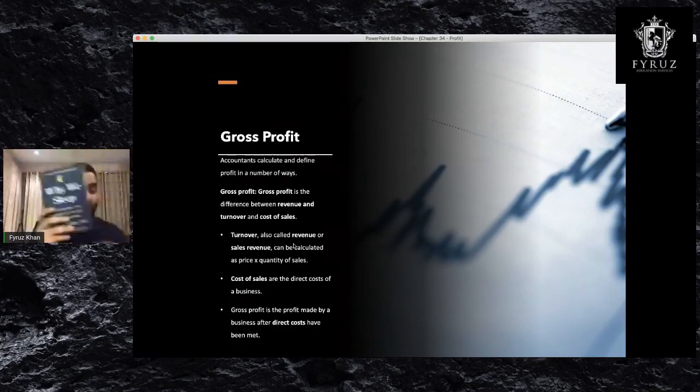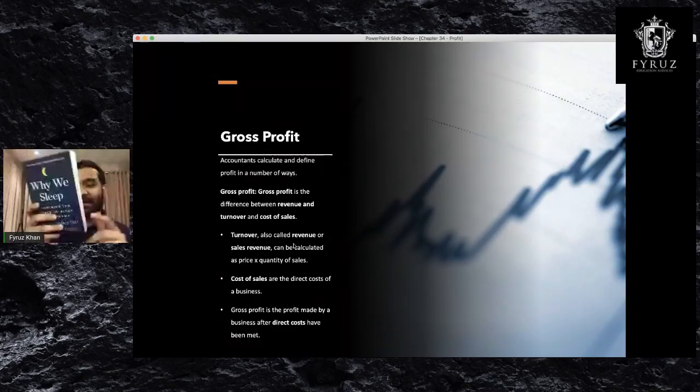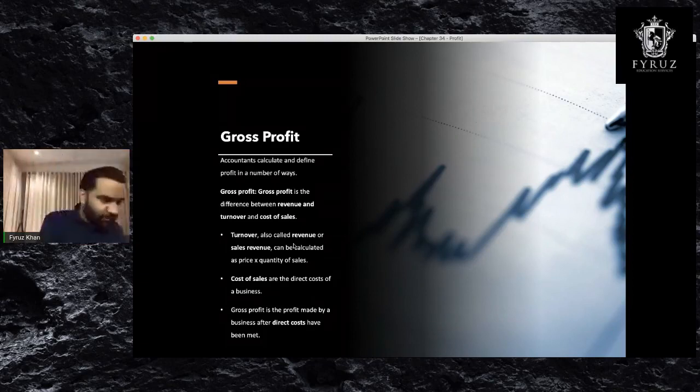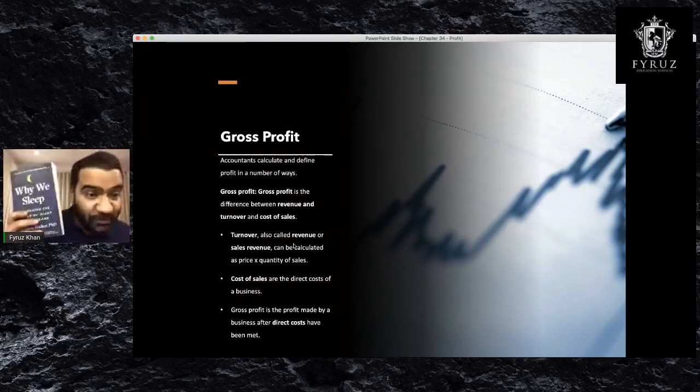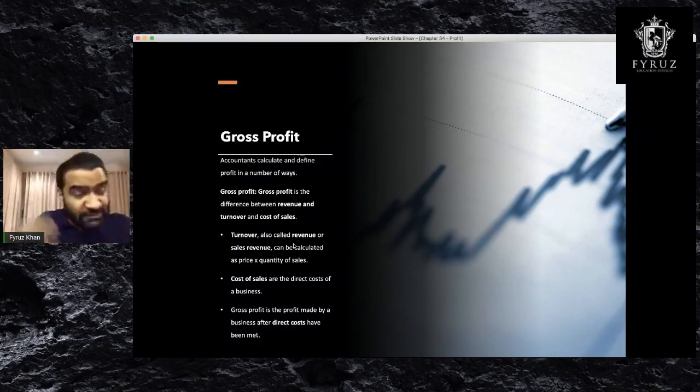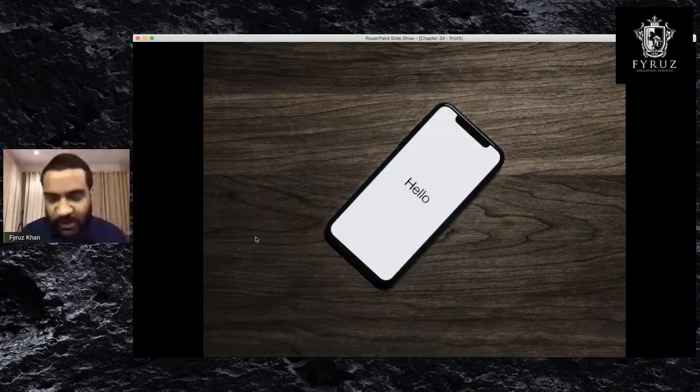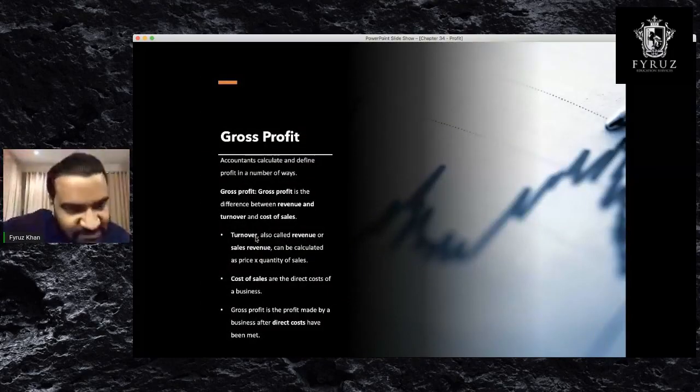By selling one book, the publisher, I think it's Scribner, will get $20. That's the revenue. If they sell 2,000 books, what's the revenue? It's also called turnover. Do not be confused. Turnover, revenue, sales revenue, it all means the same.